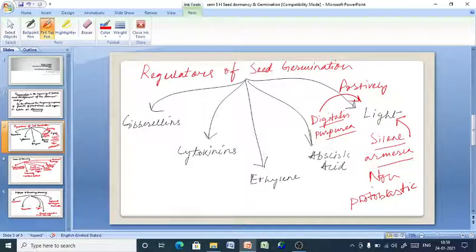So the second type is known as photoperiodic, but both these types are phytochrome mediated, and photosensitivity in seeds can be induced by temperature, water stress, and exposure to some other chemicals also.